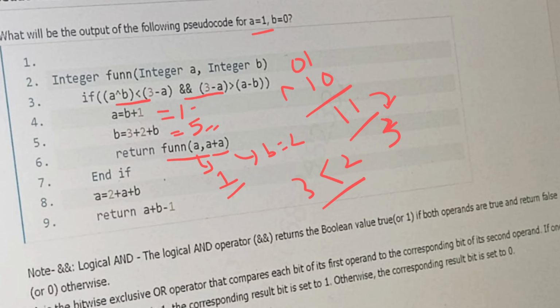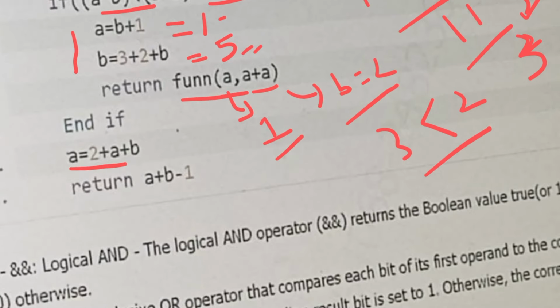Okay, so we don't have to check the other condition. In case of an AND operation, you don't have to check the other condition if one condition is false. So the value of a was 1, the value of b was 2. Now the value of a is reinitialized as 2 plus a plus b. So 2 plus a, which is 1, 2 plus 1 is 3, plus b, which was 2.